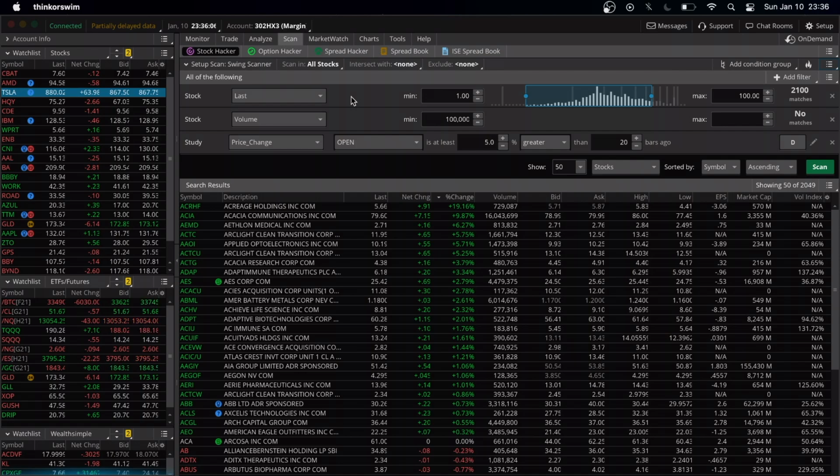Second one is volume. I love to have a good amount of volume because if it doesn't have the volume there, the spread is very big. The spread means the bid and the ask point. There's quite a bit of a difference between the two. So you might be willing to sell your stock at this specific point, but somebody's only willing to pay quite a bit lower.